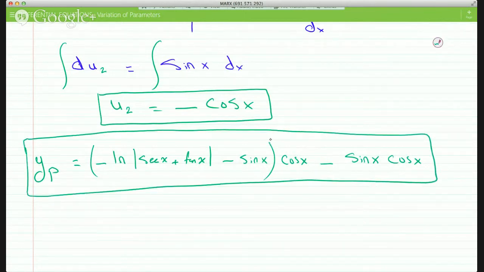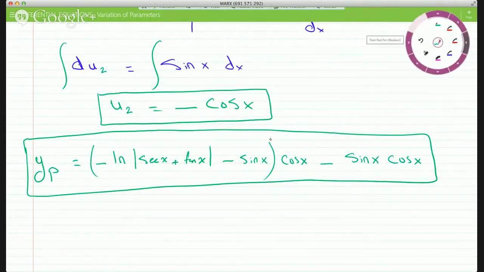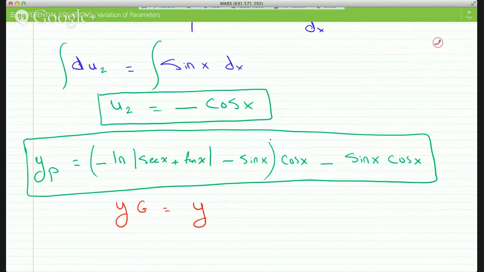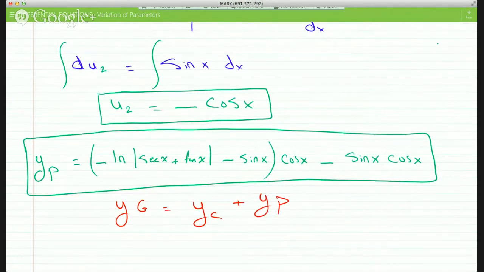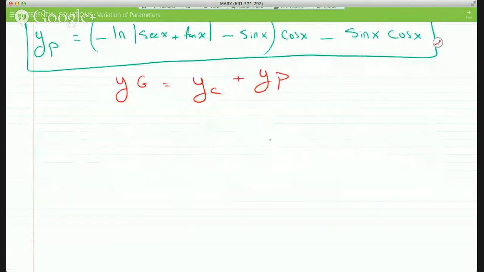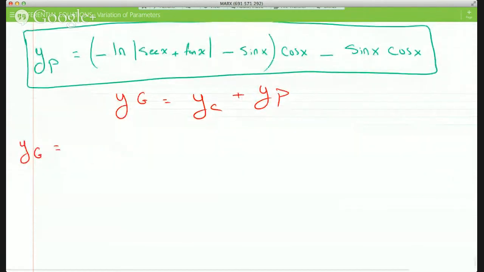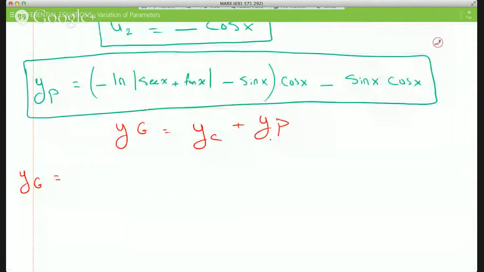And now we can write y general. So y general will just be y complementary plus y particular. So we get y general to be c1 cosine x plus this whole mess here.